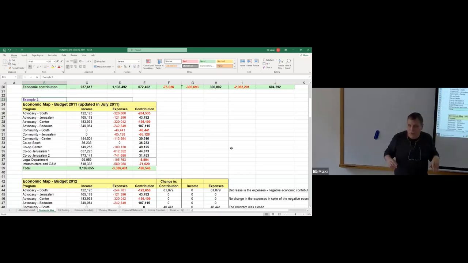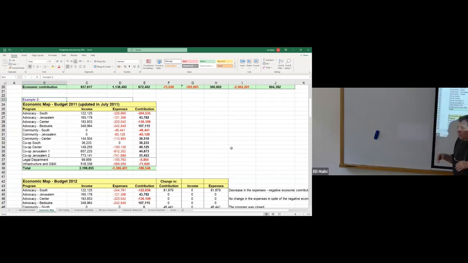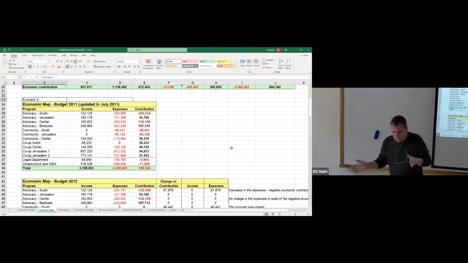Now, we also see here only income and expenses. We don't see the breakdown of income and expenses because for the purpose of this analysis, it's not important. What we want to see is the base scenario and the new scenario, and to analyze the differences. So we see only total income and total expenses.